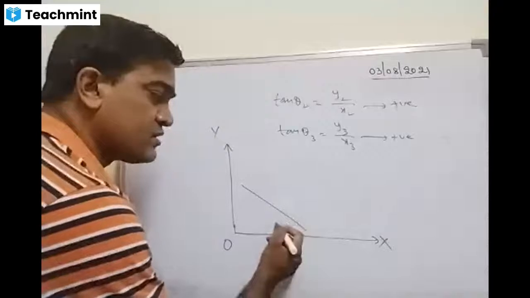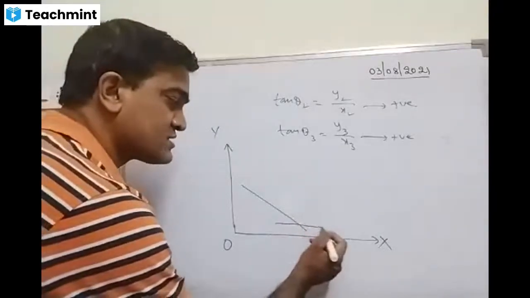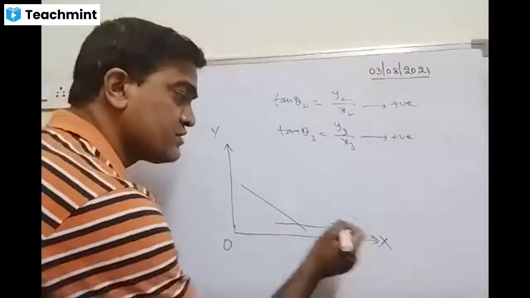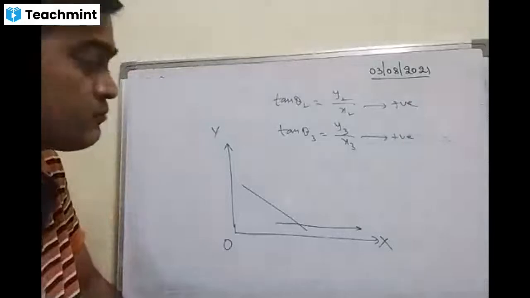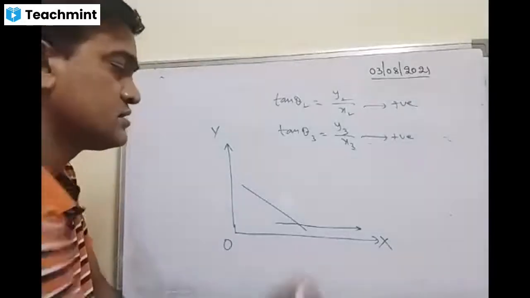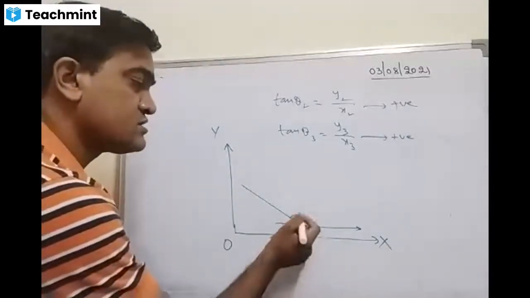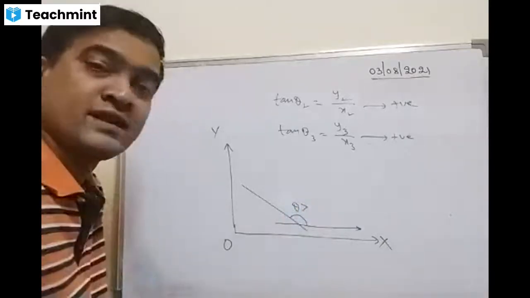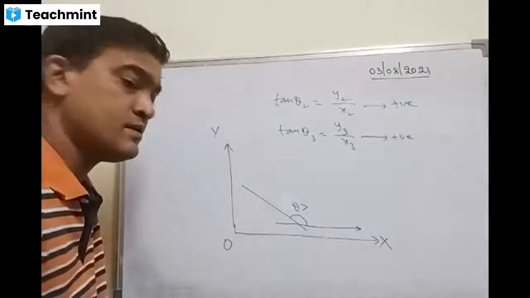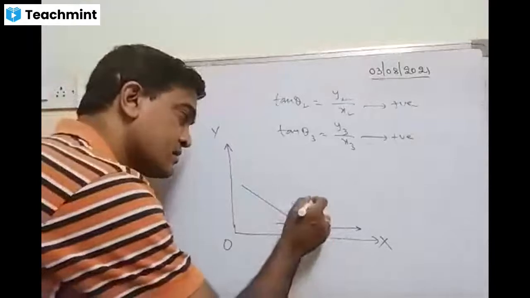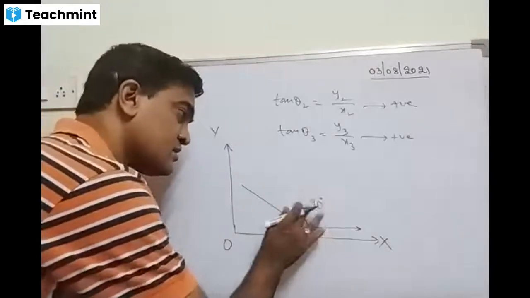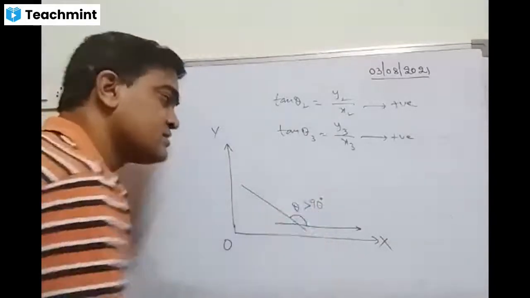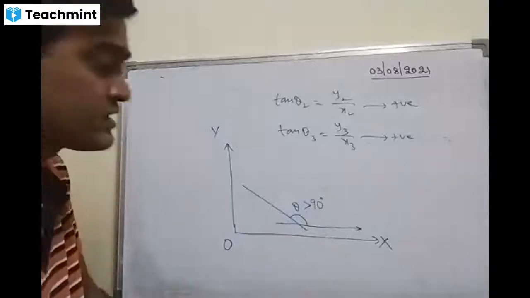Let me draw a line parallel to the positive x-axis. Now here, what is this angle? Theta is greater than 90 degrees. But I want the slope.